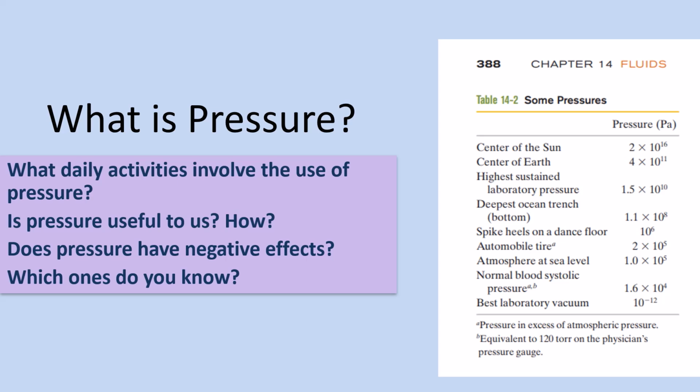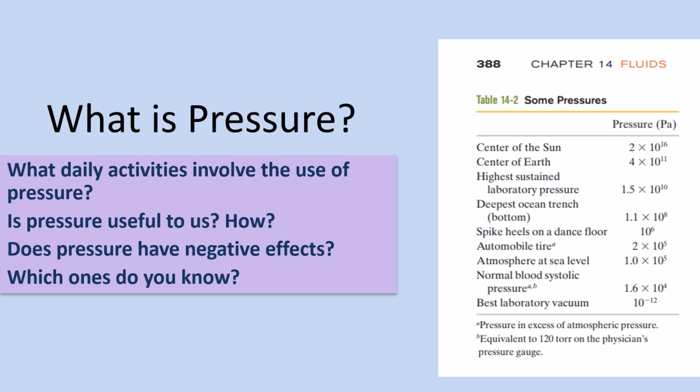Atmospheric pressure at sea level is less than 1 million pascals. Normal blood pressure is about 1.6 times 10 raised to 4. Then the best laboratory vacuum, which has very little pressure, has 10 raised to negative 12. That is very, very, very low pressure.